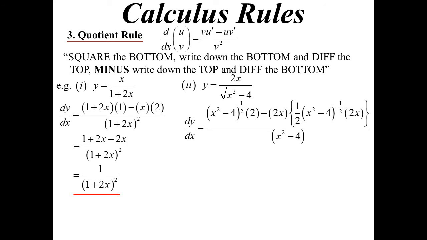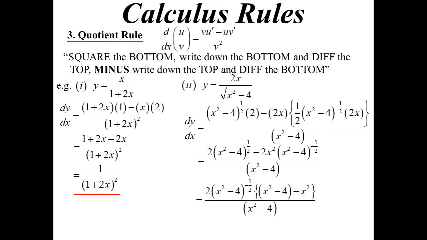Diff the bottom, but when we diff the bottom, anarchy: bring down the power, lower the power, diff the inside, expel that derivative, 2x. So tidy up that numerator. But now I notice we have a common factor. Whenever we factorize, we pull out the lowest power.